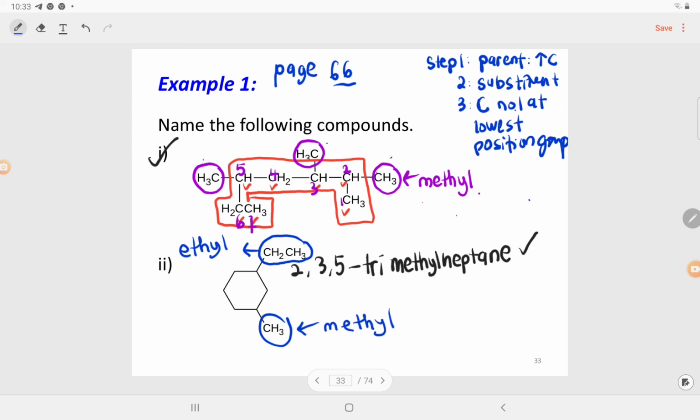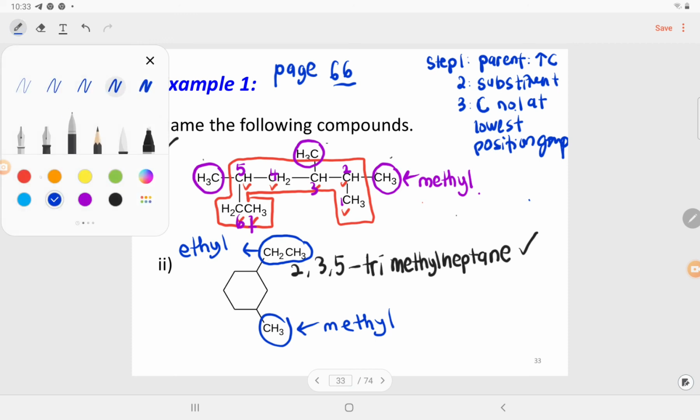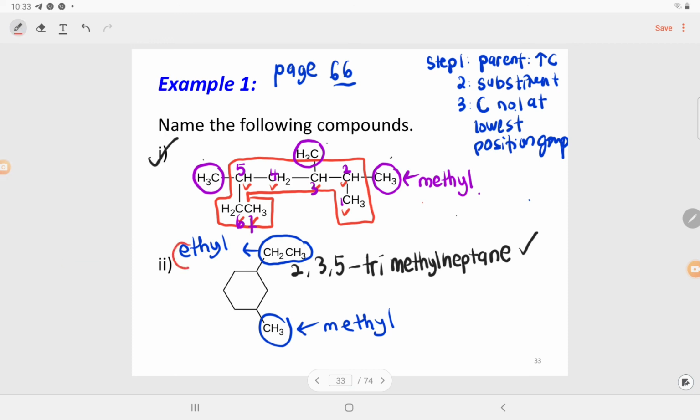So the location of carbon number 1 follows alphabetical order. E comes first, so this must be number 1, and then 2, 3, 4, 5, 6. So your ring consists of 6 carbons. So for the name of structure number 2, your parent is cyclo, 6 carbon atoms, hexane.